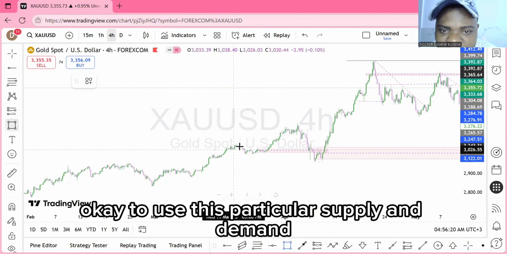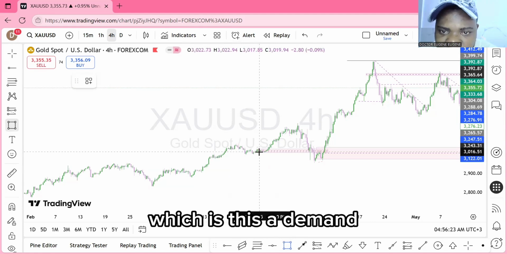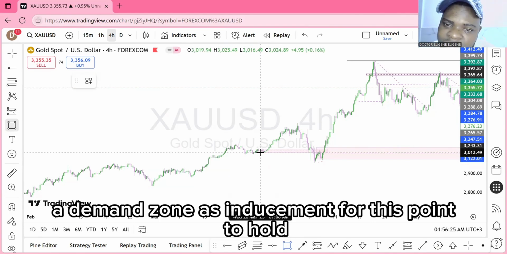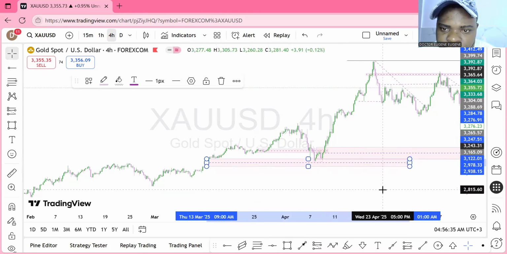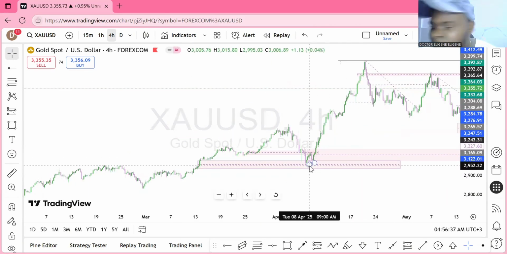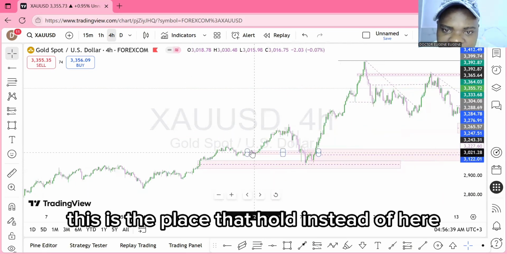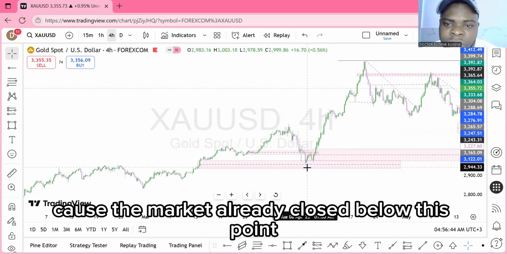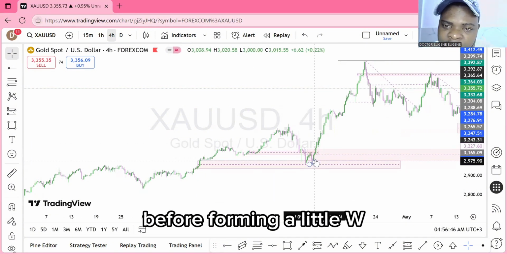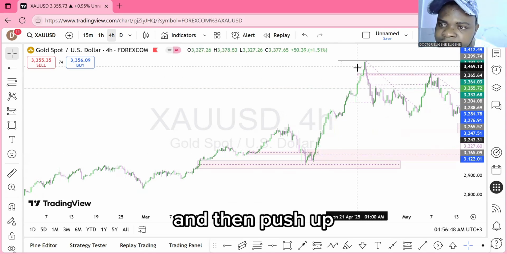It used this demand zone as inducement for this point to hold, which is here. This is the place that holds instead of here, because the market already closed below this point before forming a little W and then pushing up.